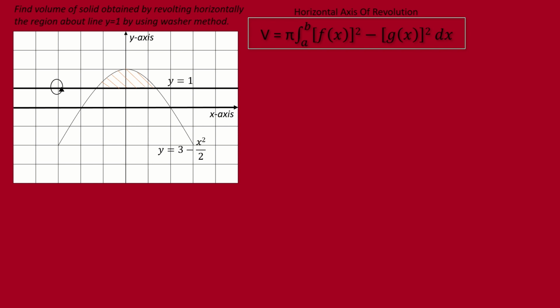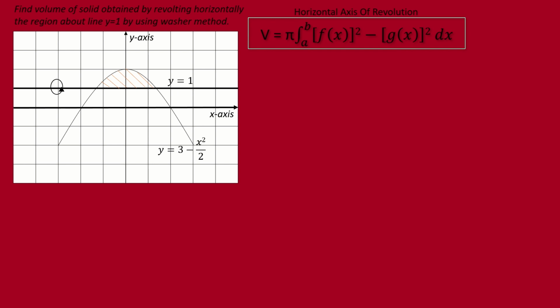As you can see in the question, the curved line acts as the upper layer for the shaded region, while the straight line y equals 1 acts as the lower layer of the equation. Thus, y equals 3 minus x squared over 2 is actually f(x), while 1 is actually g(x).